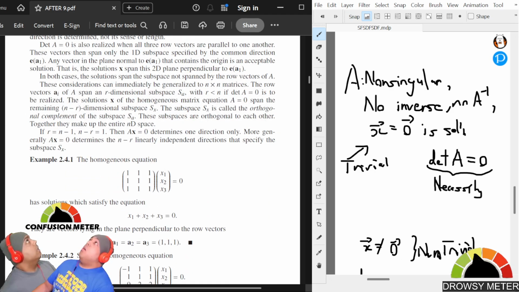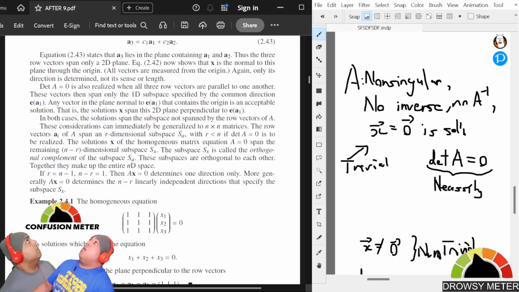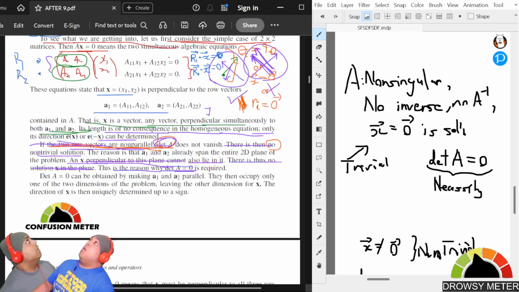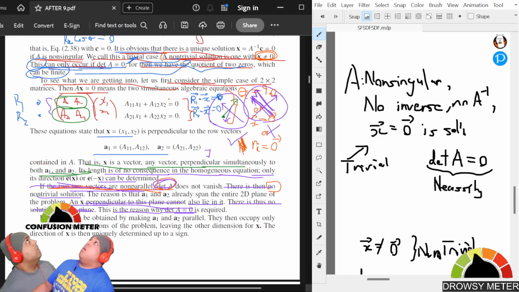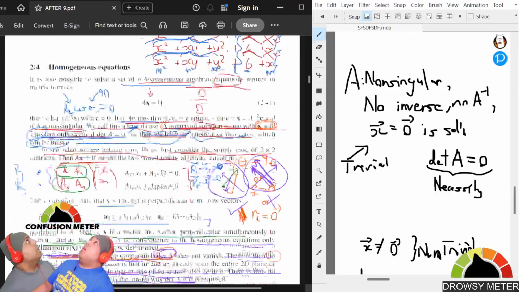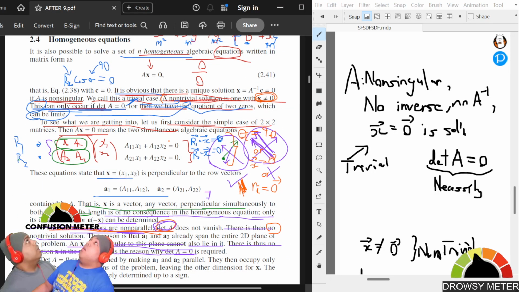I skimmed this a while ago and I understood it. Oh my god. Let us try again.